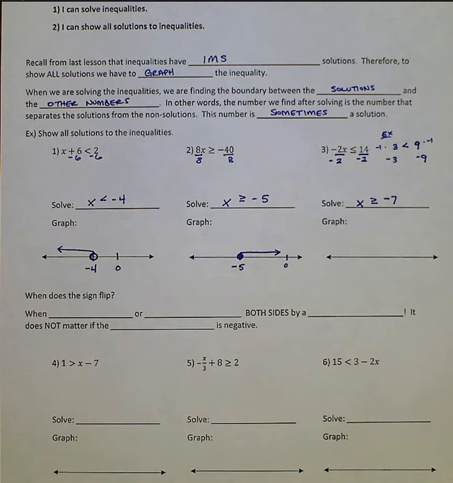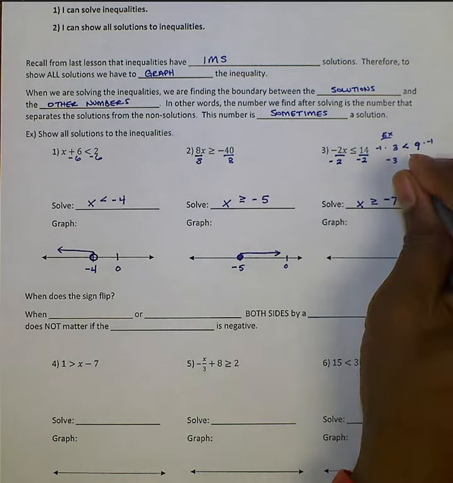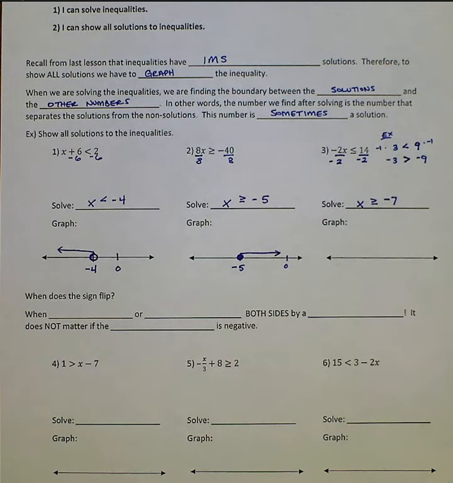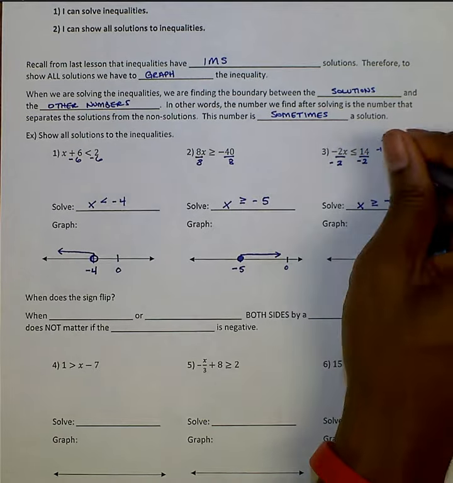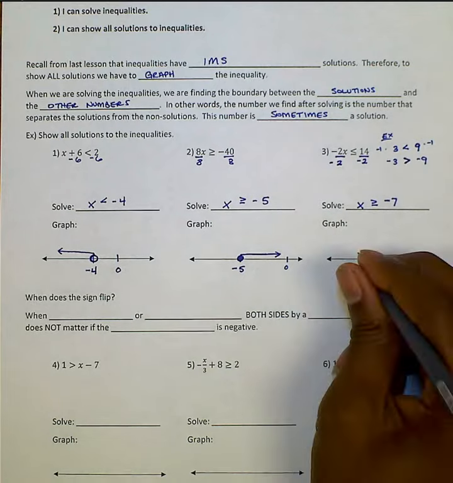And then we have to ask ourselves, which one is bigger? Which one is greater? And you'll notice here, if you do the money thing, negative 3 is bigger. I'd rather have negative $3 than negative $9. So what happened to make this sign flip? We'll talk about that in a little bit.